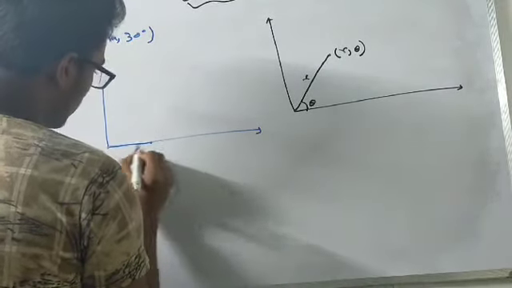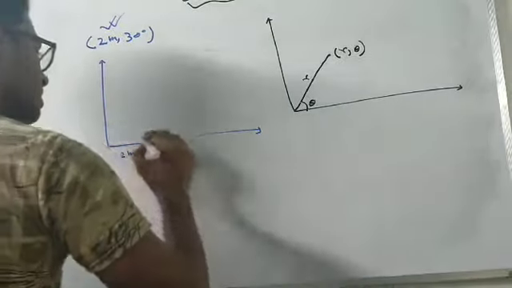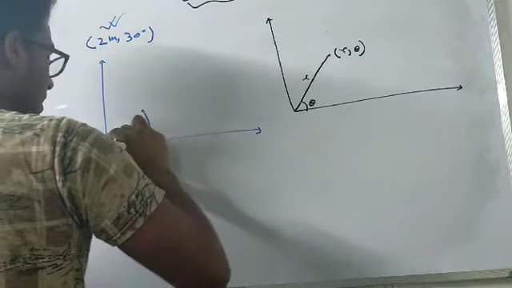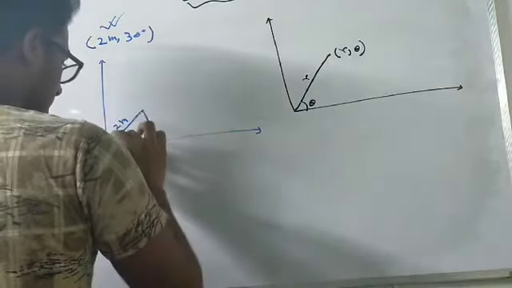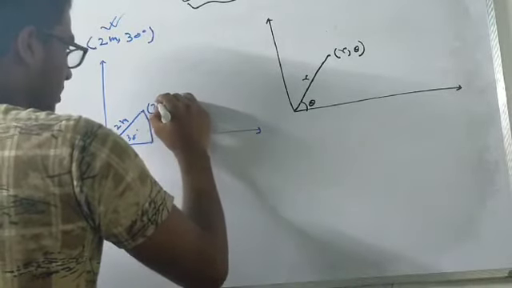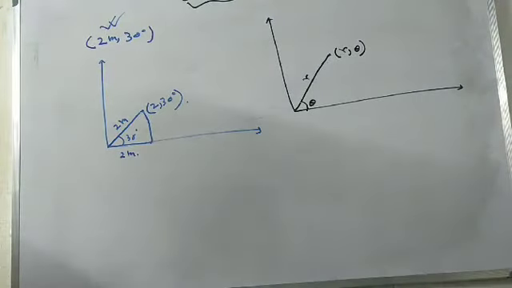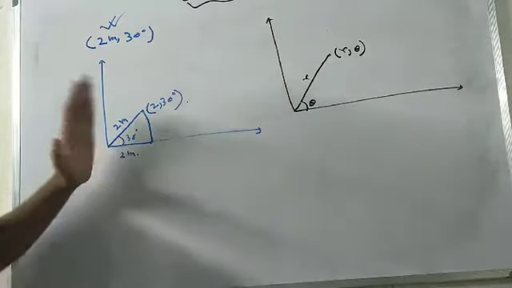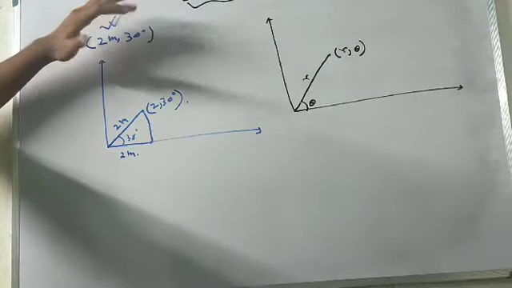Then this makes an angle of 30 degrees, so I will rotate this 2 meter line by 30 degrees, and I reach this point. So this is 2 meter and this is my 30 degree. This point represents 2 comma 30 degree. This is called a polar graph. That means at first draw a distance along the reference axis, then rotate the line by the specific angle given in the coordinate.